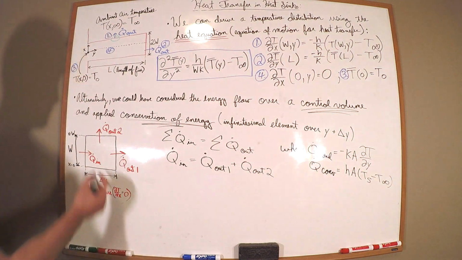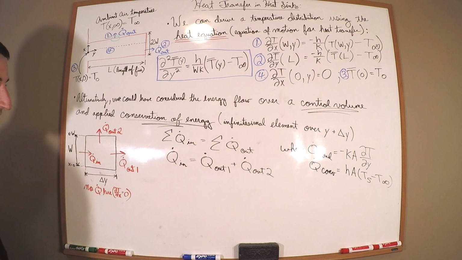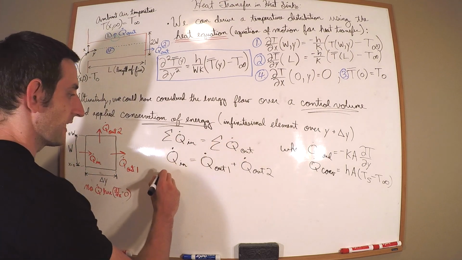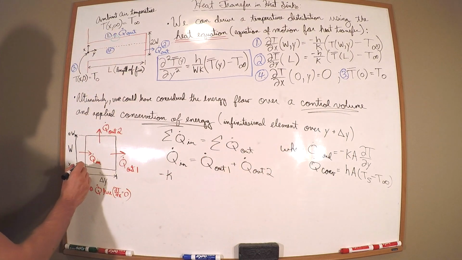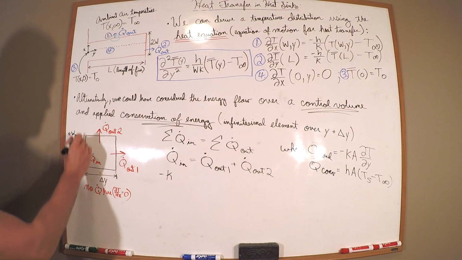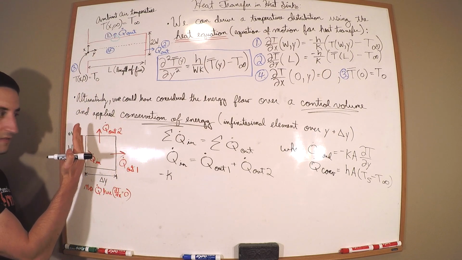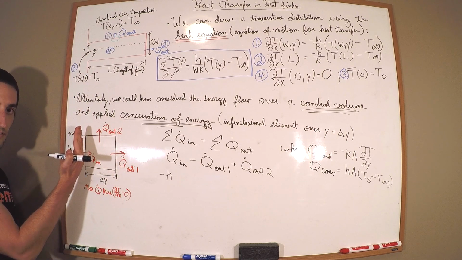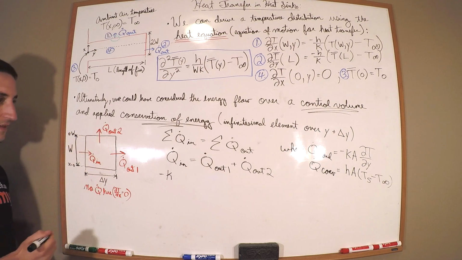So, Q in right here, that's coming in here. So Q in, we use the conduction. That's going to be negative k. And we have to use the surface area. That's going to be W for x, and then z, right? This plane is the area it's flowing through, it has an x dimension, and then it comes out of the board in delta z.